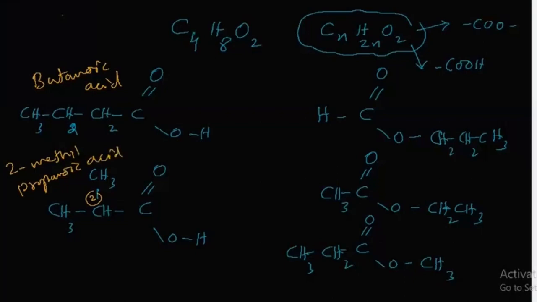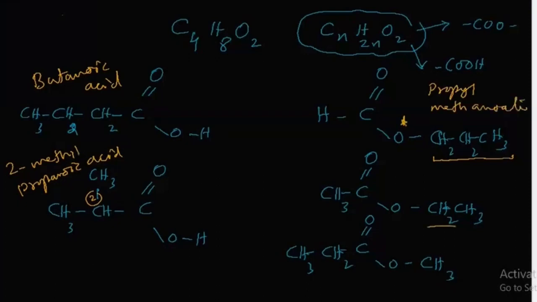And this is ester. So the name of the ester starts from here. The alkyl group which is attached with the single bonded oxygen is from alcohol, and this part is from carboxylic acid. So you can see this is propyl, and this part contains one carbon. So this is propyl methanoate.